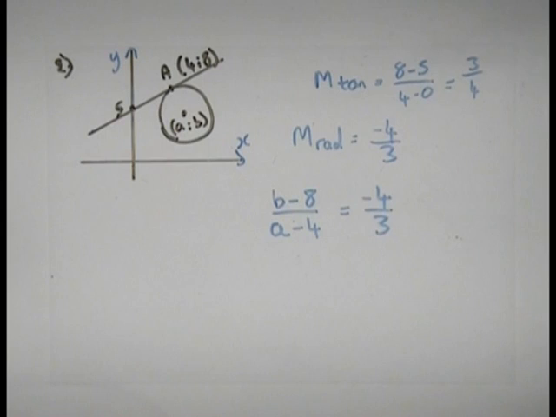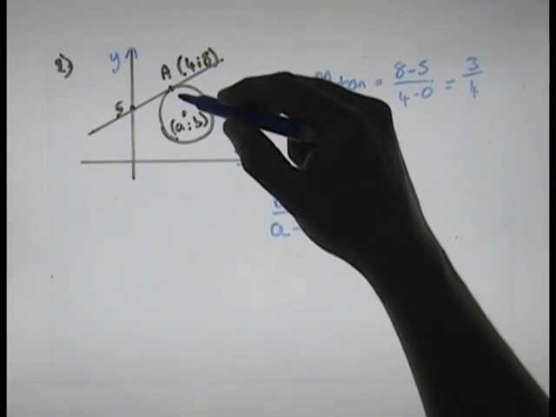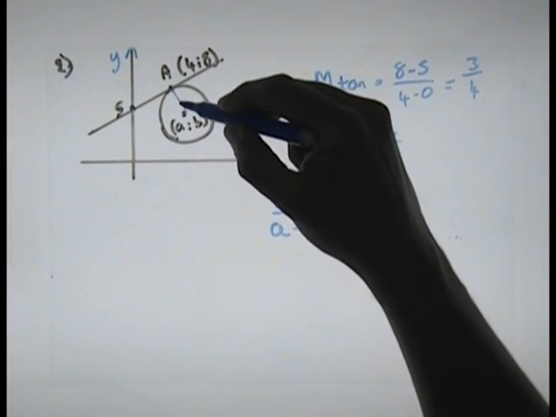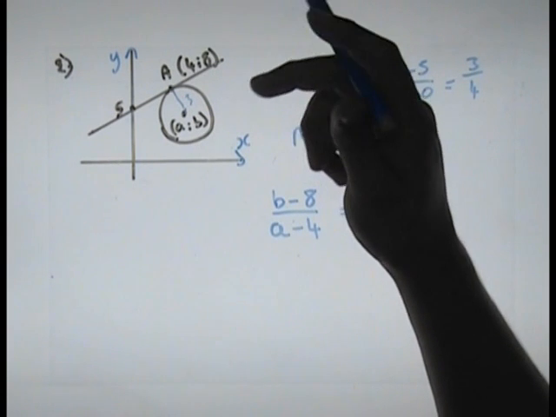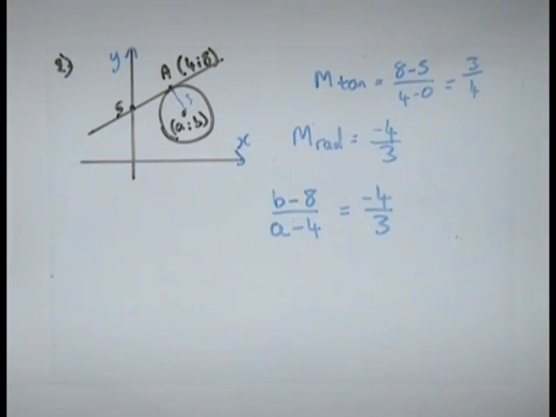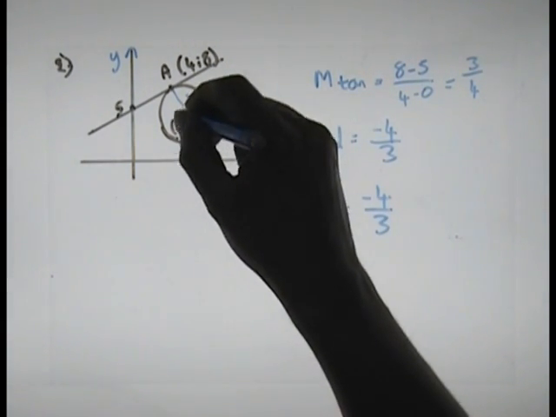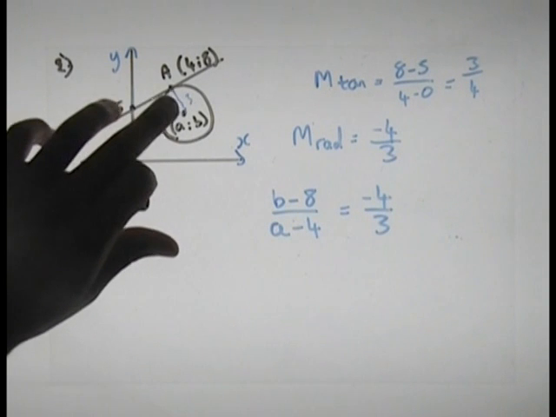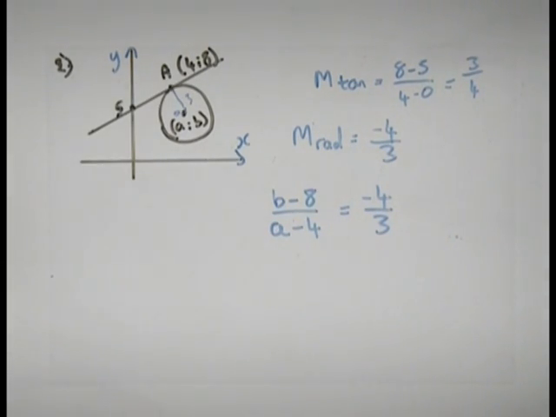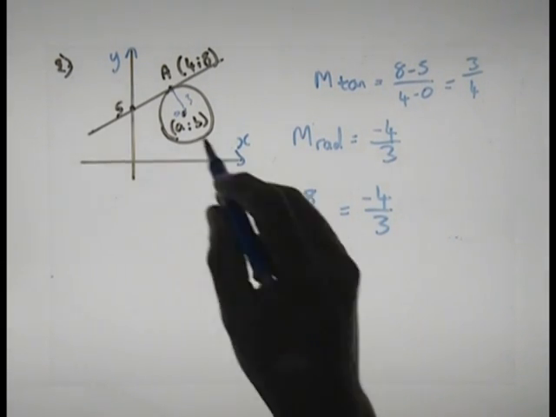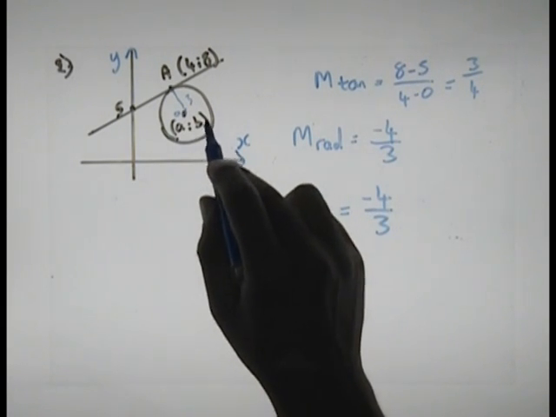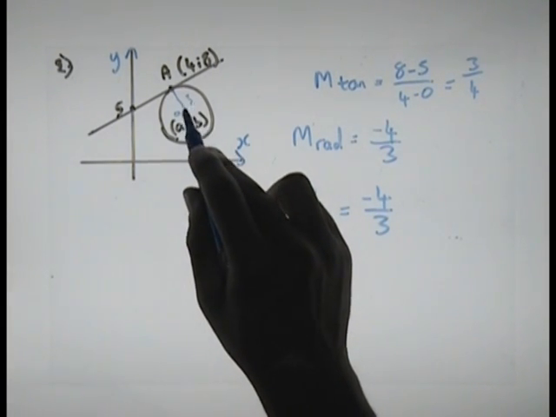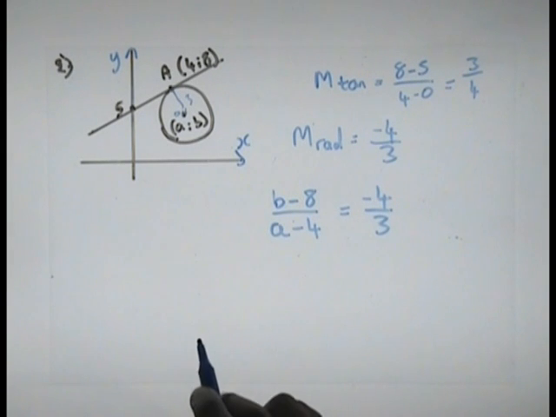The other bit of information I gave you was that the radius is equal to 3 units. Using my distance formula from the center of the circle to A, I'm going to be using a and b, but I know that it's going to come to a radius of 3 units.